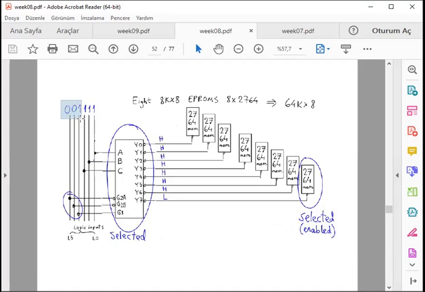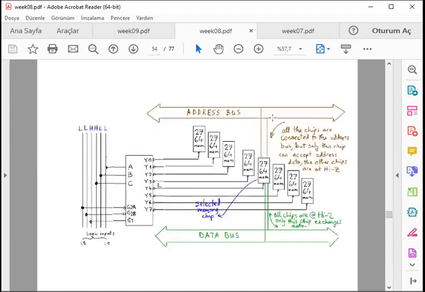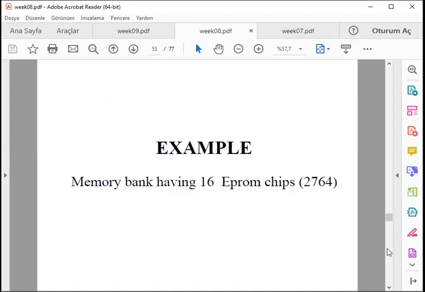If this is the enabling combination 001, the chip is selected, and the selection pin selects the Y7 output memory item, and then according to the address pins and data pins, we can access the information already stored in the ROM. You cannot write information to ROMs, and these are the symbolic address bus and data bus connections.